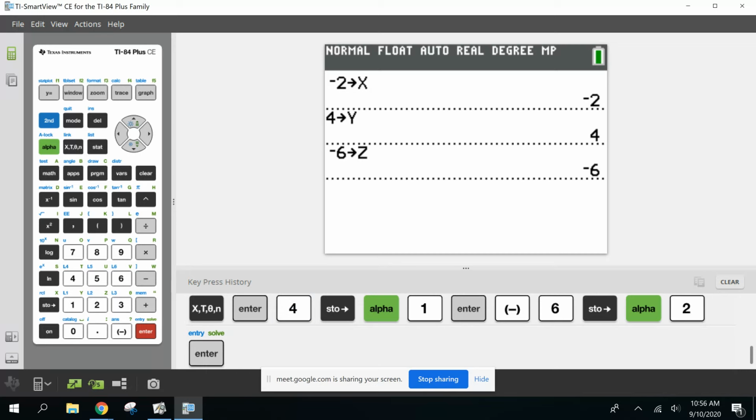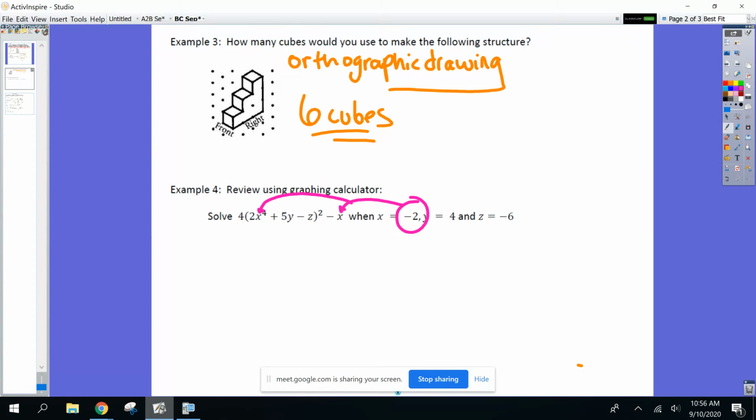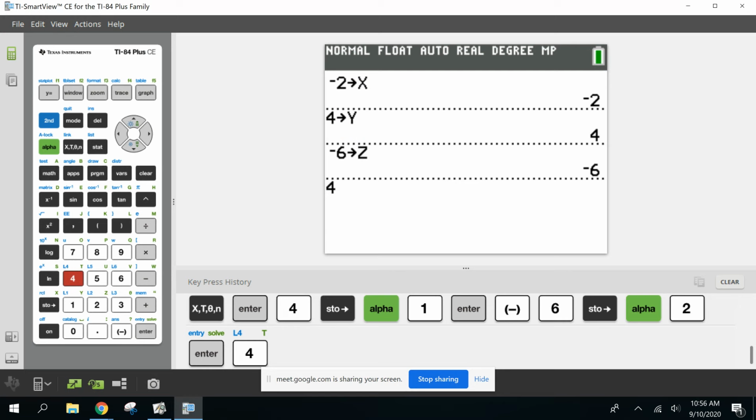So anytime your calculator sees an X, Y, or Z, it's going to store those numbers in. Last thing we need to do is to type in our expression. 4 times, exactly how it's read on the paper, 4 times 2x. Remember, raised to the 4th, you can use the caret key, which is above your division button.